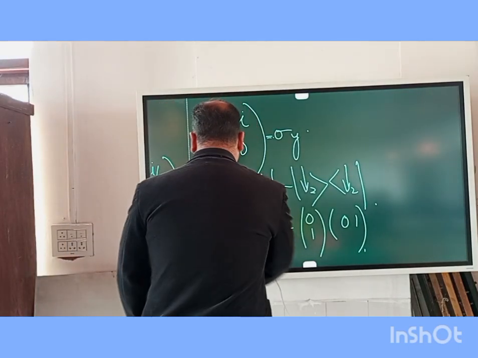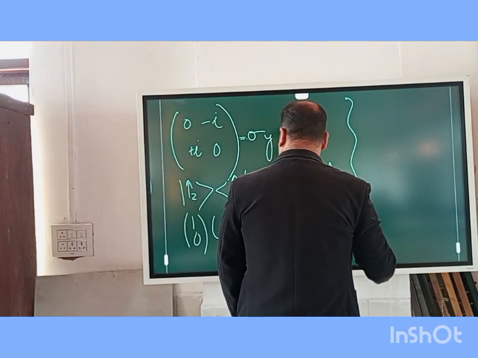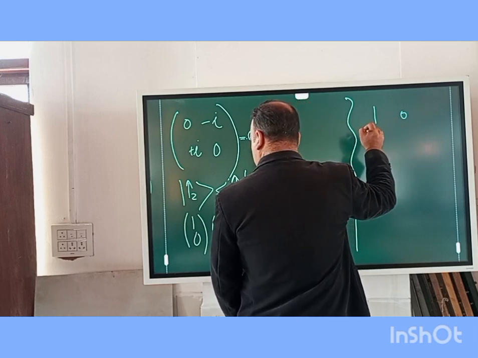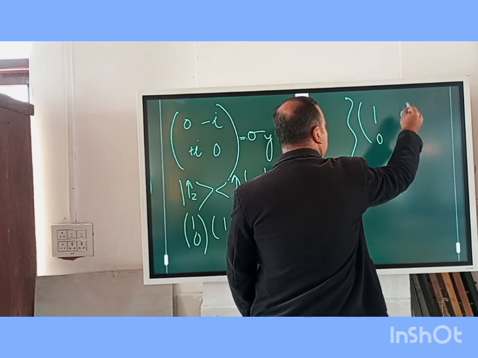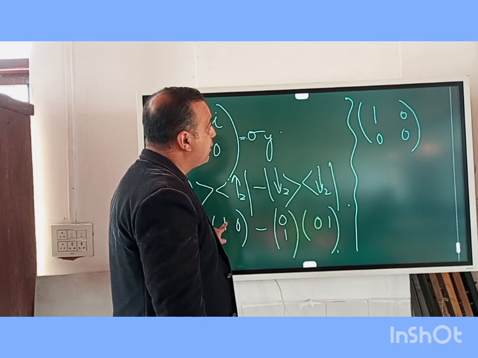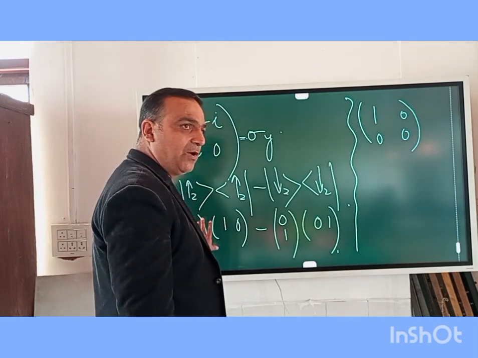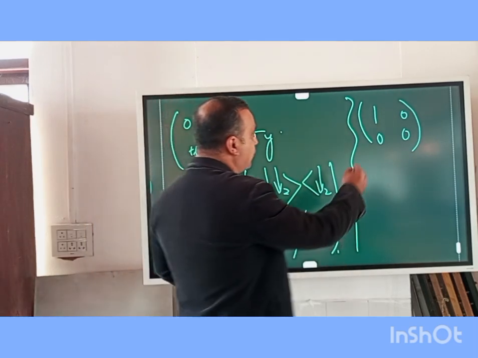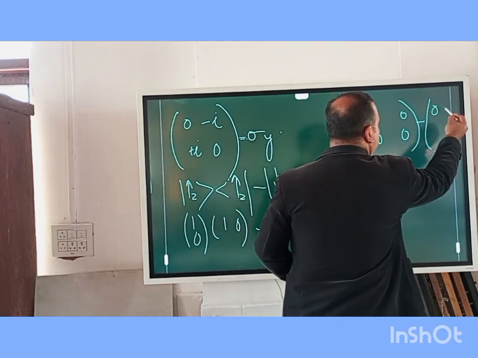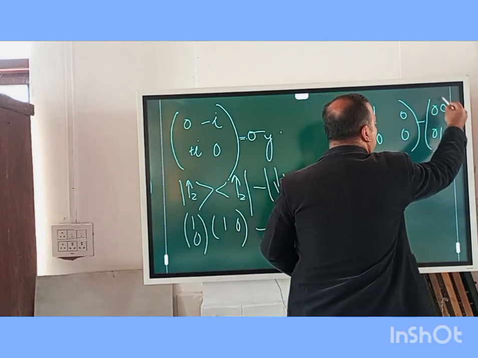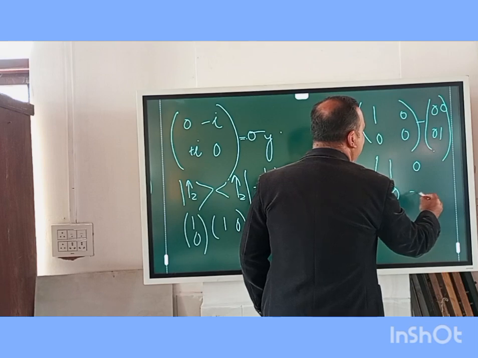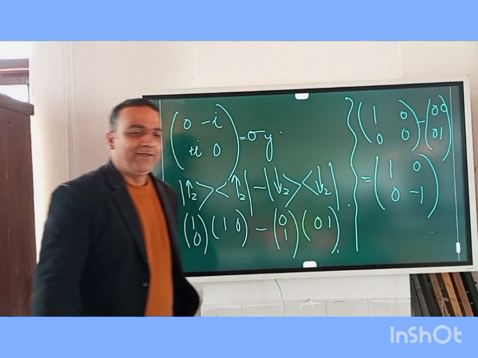So this will give us 1, 0, 0, 0 for the first part, and 0, 0, 0, 1 for the second. Now you subtract the two: 1, 0, 0, 0 minus 0, 0, 0, 1 gives 1, 0, 0, minus 1. Clear?